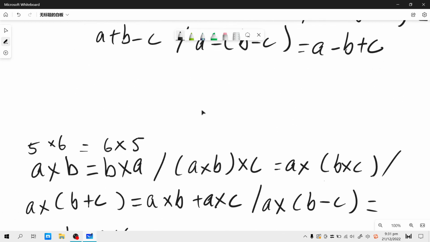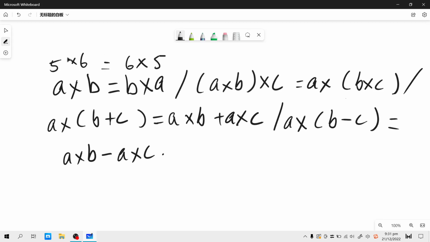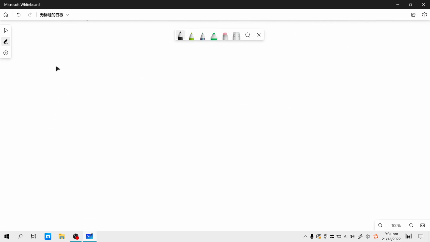I'll let you take another peek for 5 seconds and then we'll move on to let you solve some easy algebra questions. 5, 4, 3, 2, 1. So the first question I'm giving you today is this.